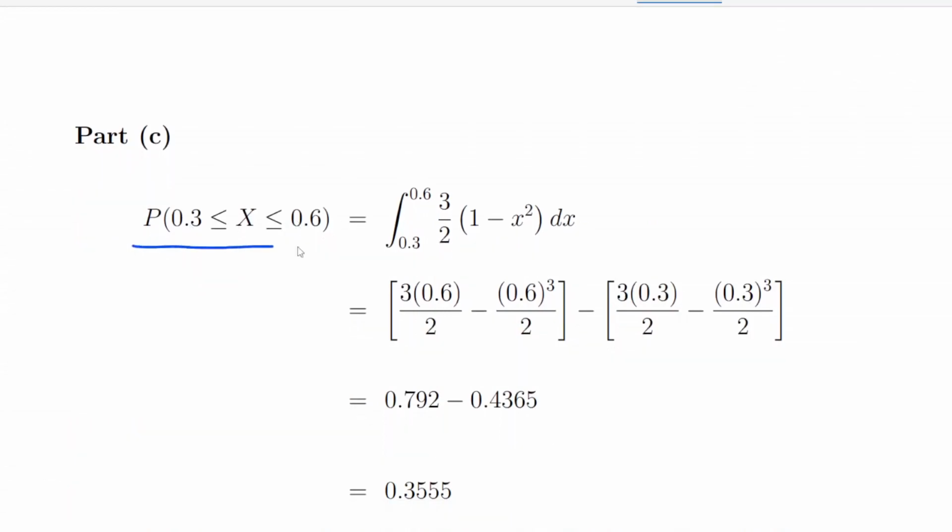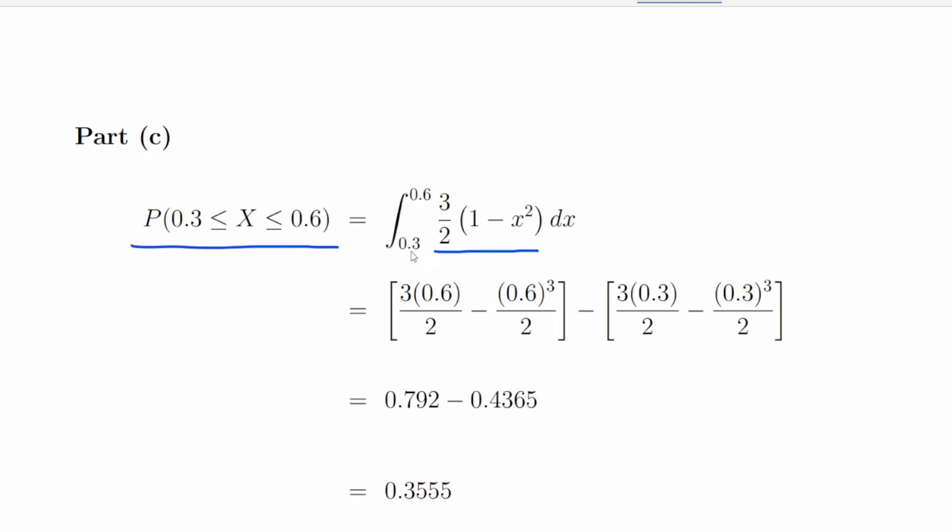Now, calculate the probability of x being within this range of values. What we're going to do there is evaluate the integral of our probability density function using the upper and lower bound as the limits of integration.